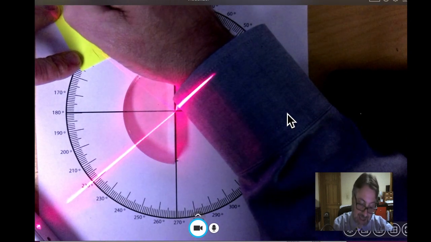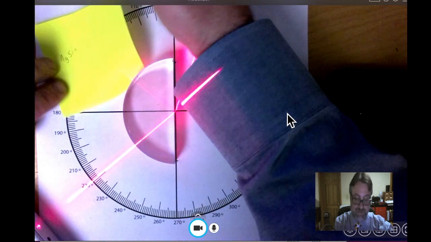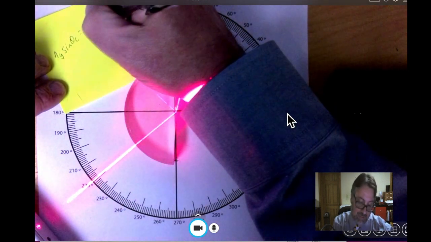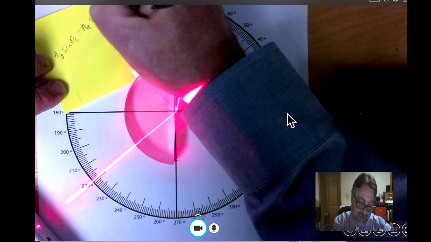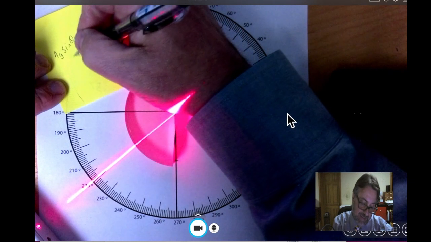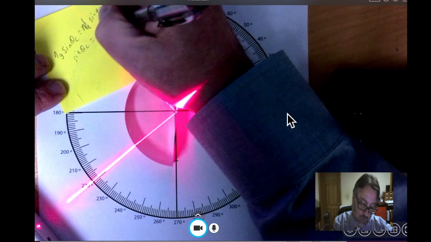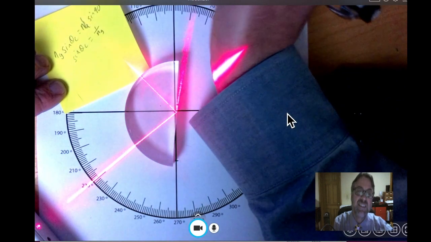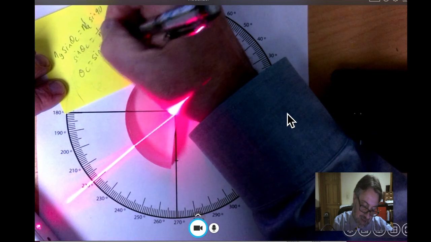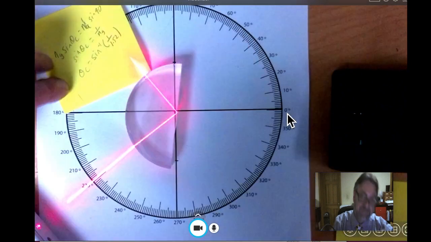So I would have n glass sine of the critical angle equals n air sine of 90. But the air is 1. So basically, sine of the critical angle is equal to 1 over n of glass. Or the critical angle will be equal to sine inverse 1 divided by 1.52.